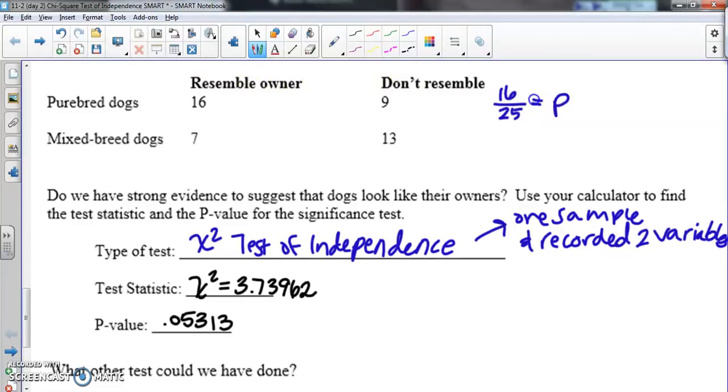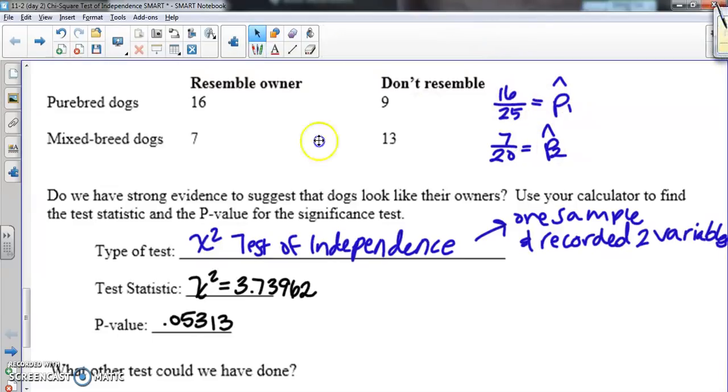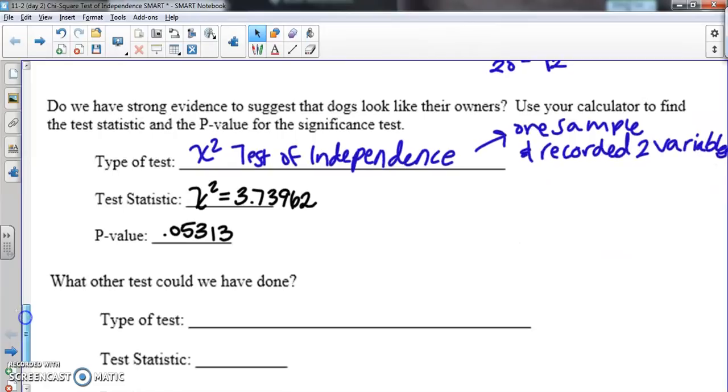Let's go ahead and call that p hat 1. And out of the mixed breed dogs, there are 7 out of a total of 20. 7 plus 13 is 20. Let's go ahead and call that p hat 2. So what we could do is take these two proportions and compare those. So what type of test does that? Well, a chi-squared test.